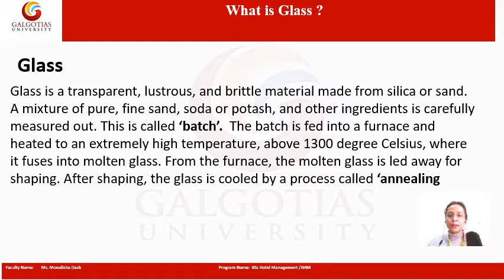From the furnace, the molten glass is laid away for shaping. After shaping, the glass is cooled by a process called annealing. So my dear students, you must understand what is batch and what is annealing. So this is the way from where the glass is being made.